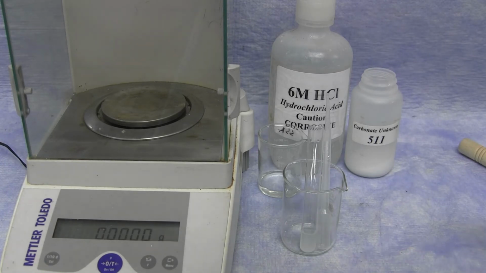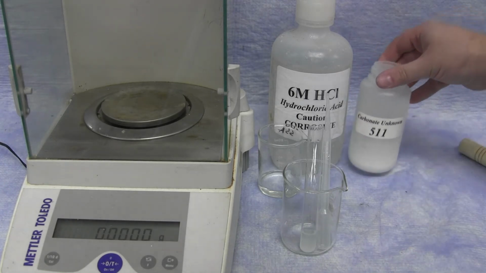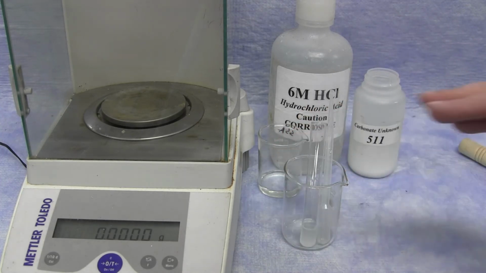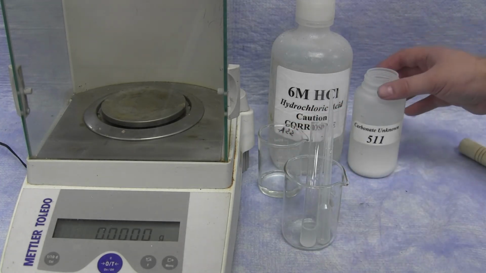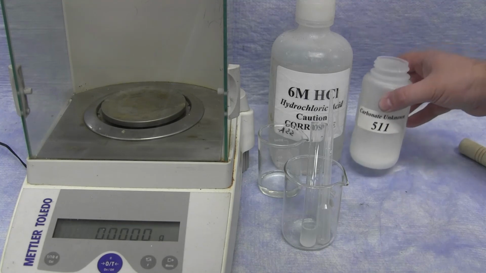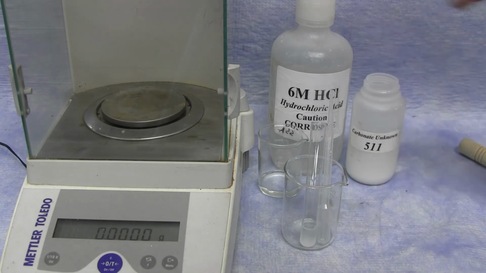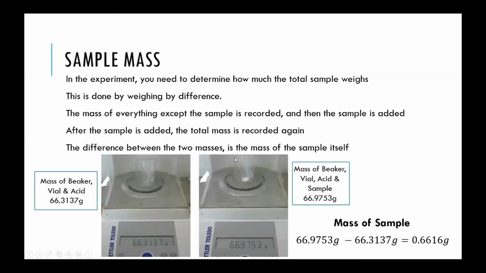In the experiment itself, you'll be recording this reaction 3 times to obtain an average percent carbonate of your unknown sample. The first thing you're looking at is how much total mass of sample do you have.